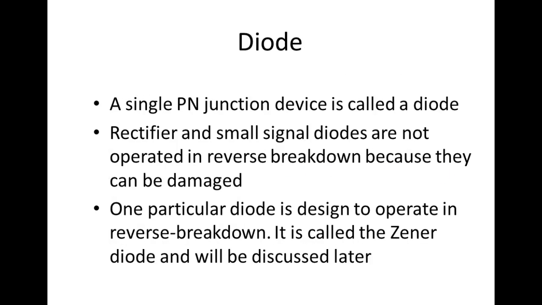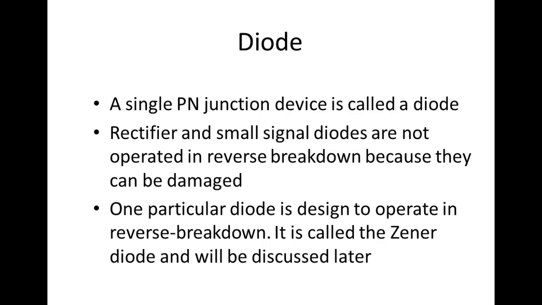A single p-n junction is called a diode. We have two categories of diodes: regular diodes, and other special diodes that we're going to talk about. They have another name that goes with it. We have a Zener diode, a tunnel diode, and a PIN diode. Those have different names, right?